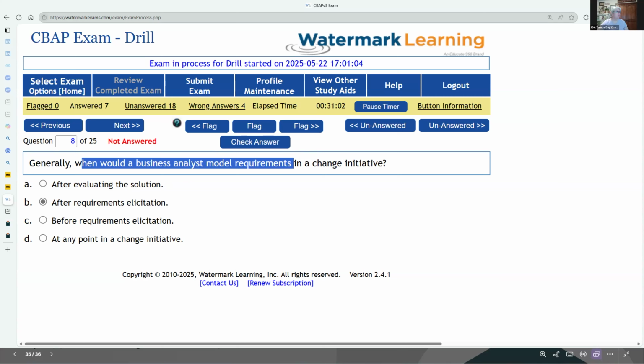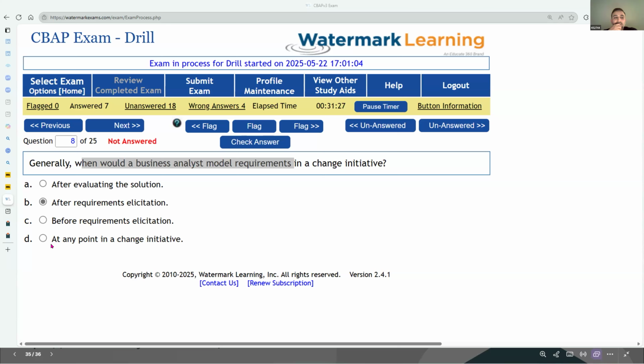Well, let's talk about it. Specify and model requirements. The input is elicitation results, confirmed and unconfirmed. Confirmed, but not necessarily verified and validated, so we can model it. So we first elicit and then specify and model.